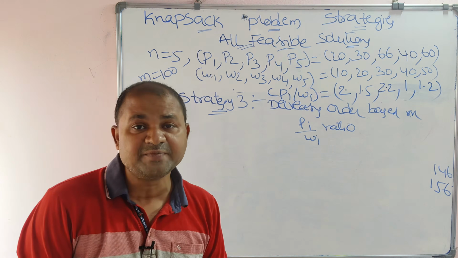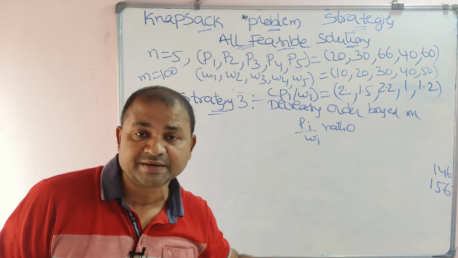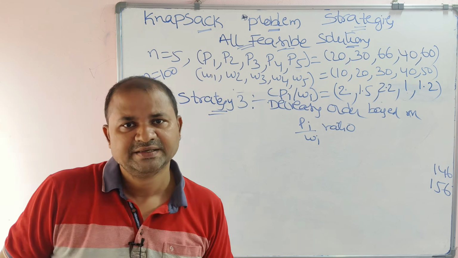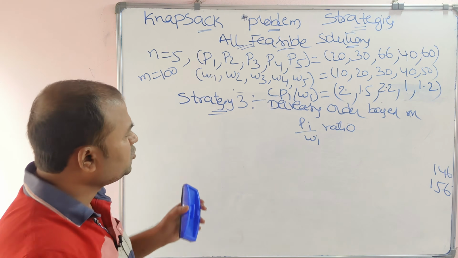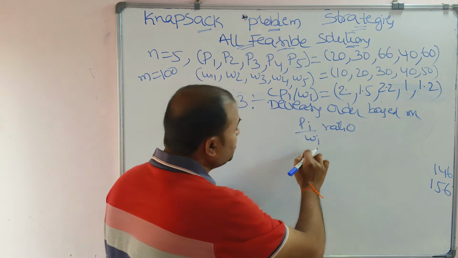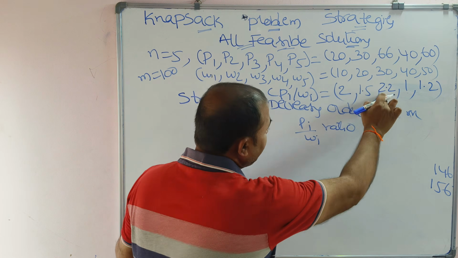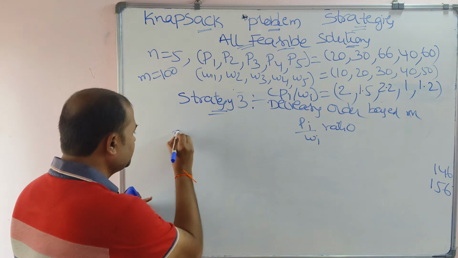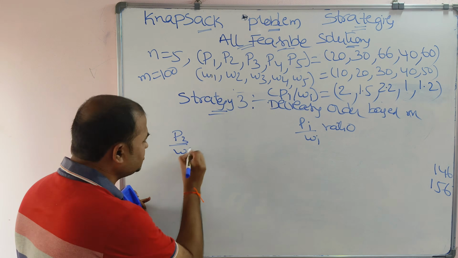So decreasing order means, first we have to write maximum value. Next, minimum value. So here what is the maximum value based on the profit and weight ratio? Here the maximum value is 2.2. So 2.2 means third object. So third object profit by weight is larger.